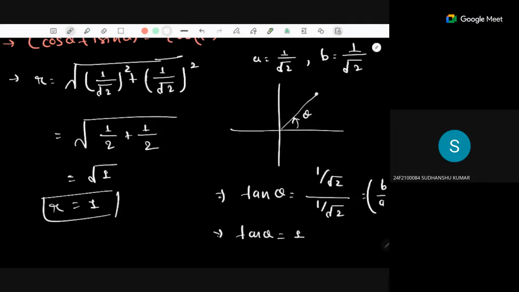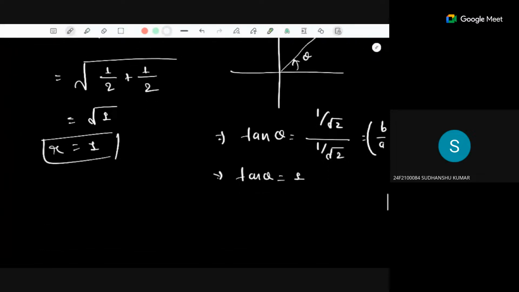So for finding the accurate value of theta, so that you won't miss some signs, first of all understand in which quadrant this point will lie. Here the value of tan theta is 1. Now for theta there are several choices which you can take to make tan theta equal to 1. We know that tan pi by 4 is equal to 1.